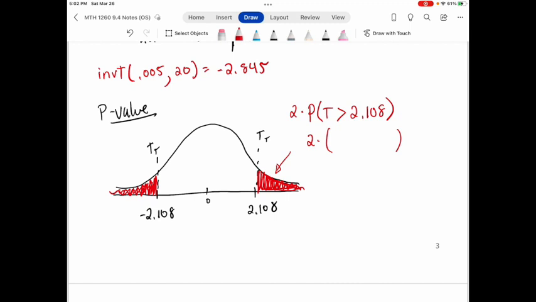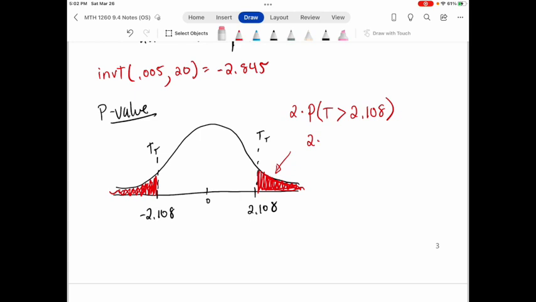Now, on the calculator, I'm not sure I remember showing you this before, but there's a t-CDF function, just like a normal CDF, where you can calculate areas under the curve on a student t-distribution, and it works the same way as the normal distribution. You put in your lower and your upper bound, and your degrees of freedom.